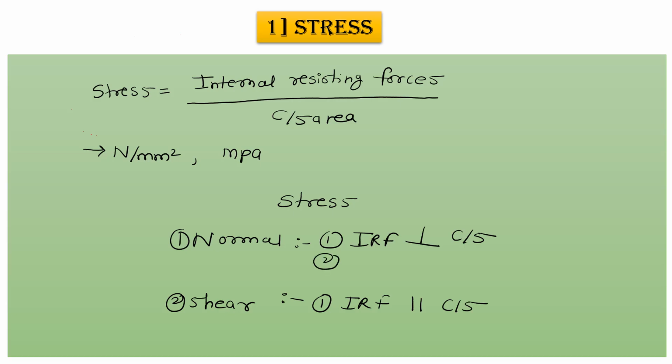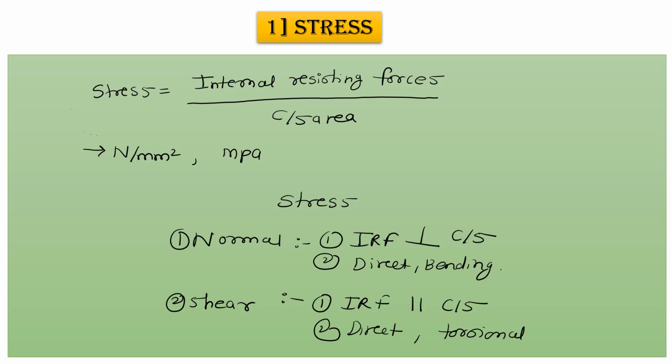Normal stress is divided into two types: direct normal stress and bending normal stress. Similarly, shear stress is divided into two types: direct shear stress and torsional shear stress.